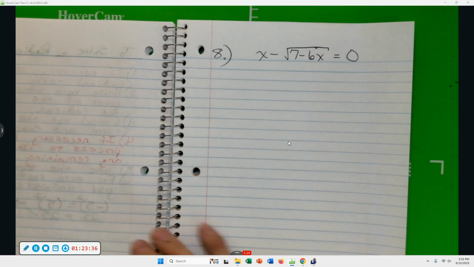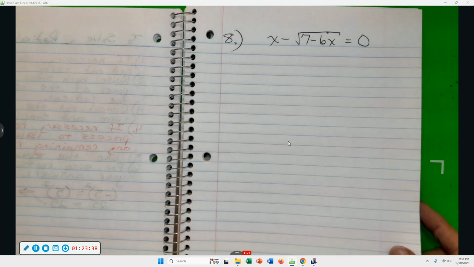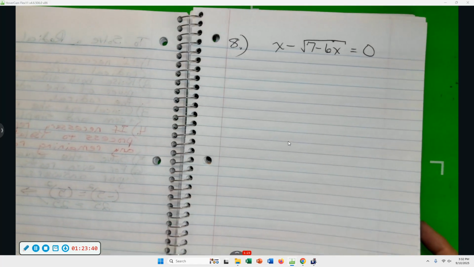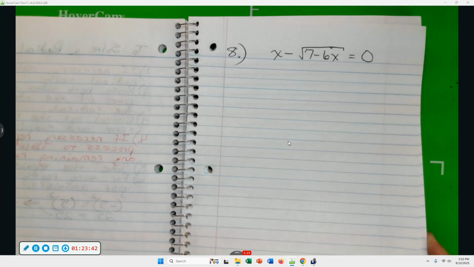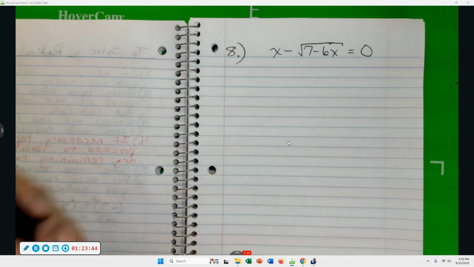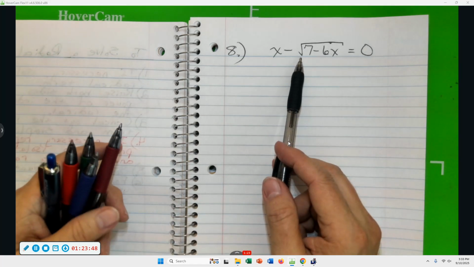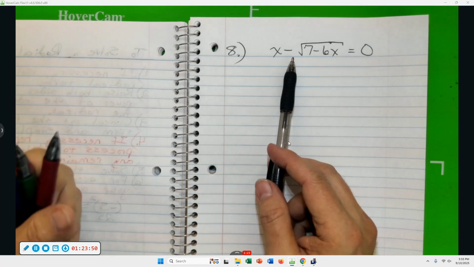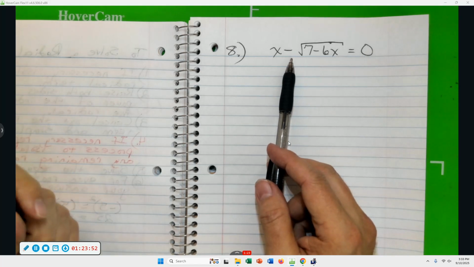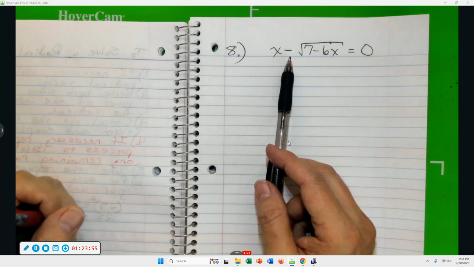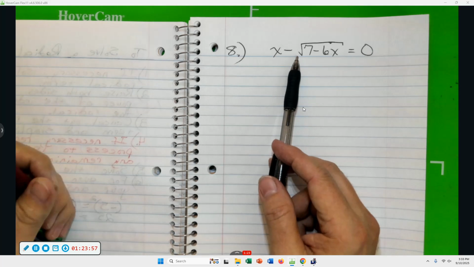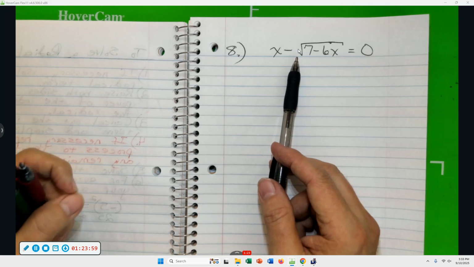The first step. Well, first of all, what power am I going to have to raise both sides to? Am I going to cube both sides, square both sides? What sort of a radical do I have? Is it a cube root? Okay, it's a square root. You're going to square both sides.